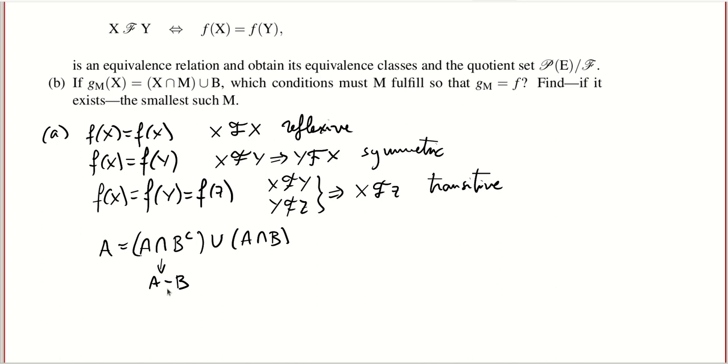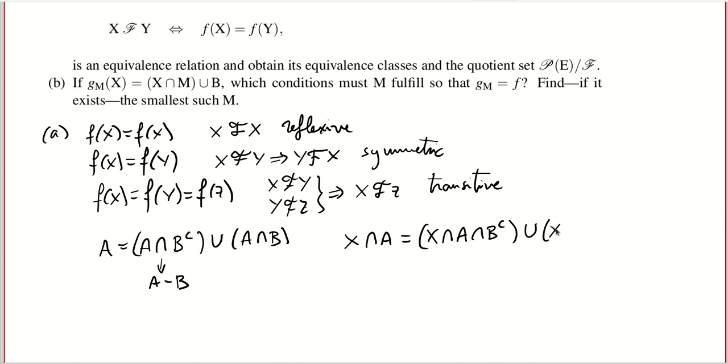Okay, if this is so, then when we make the intersection X with A, what we're doing is we're making the intersection X with A intersection B complementary, and then the union with X intersection A intersection B. Well, this is just the distributive property, right, of the intersection with respect to the union.